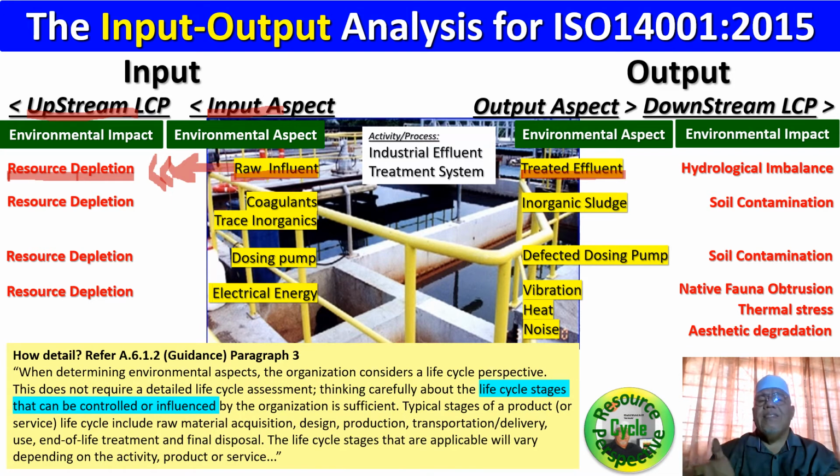Therefore, what is its environmental impact? In order to determine the environmental impact of treated effluent, since it is an output aspect, we go to the downstream of its life cycle. So we are looking at it from the life cycle perspective. Therefore, what happens to treated effluent?